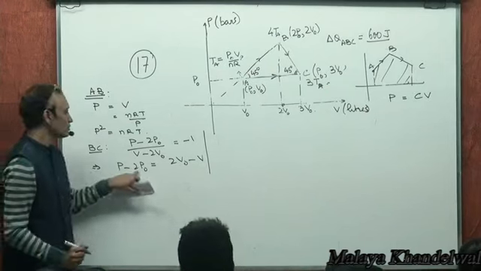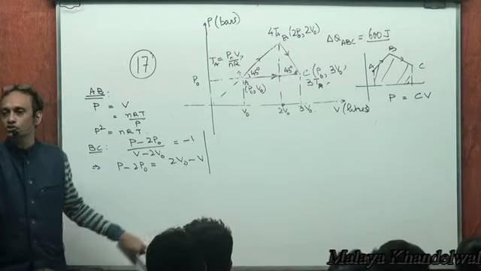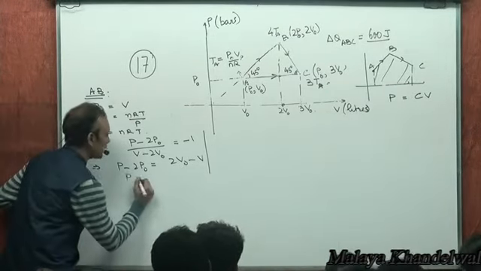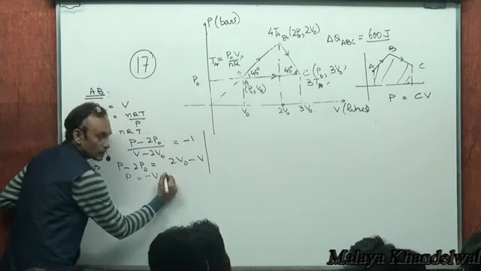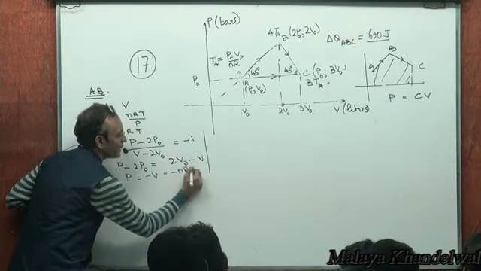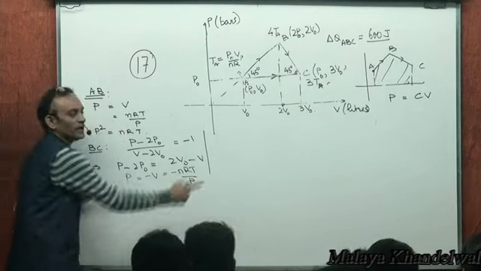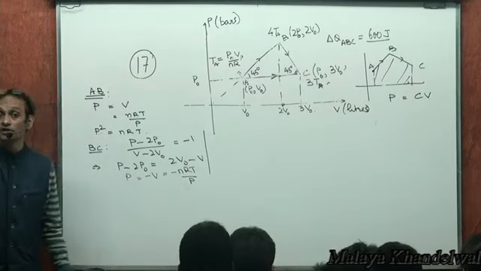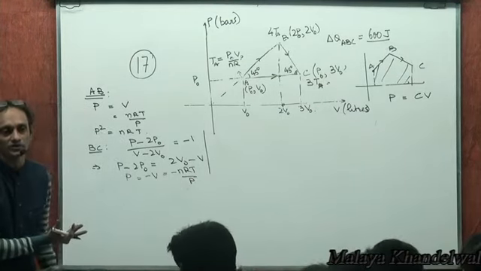See, 2P naught will get cancelled with 2V naught because they are 2 units in magnitude. P is minus V. V can be written as nRT by P. So P squared is minus constant into T. This parabola will open in the other direction because of the minus sign.